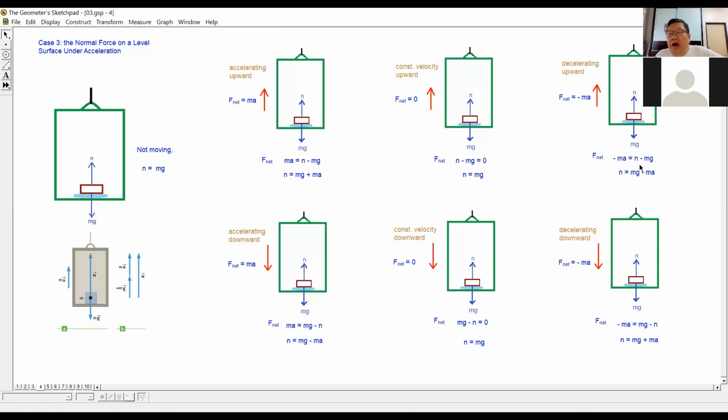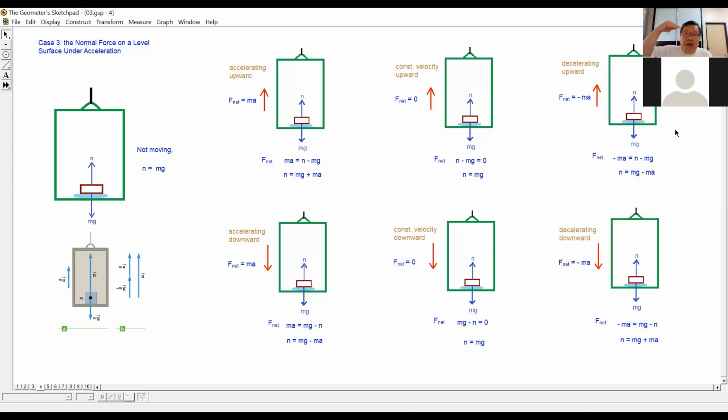So here the net force is negative ma. How to make N the subject of the formula? You just move the mg over. It becomes mg minus ma. It means that when the lift is slowing down, when you are about to reach the level that you want, at the start you feel that your legs are pressing harder against the lift.